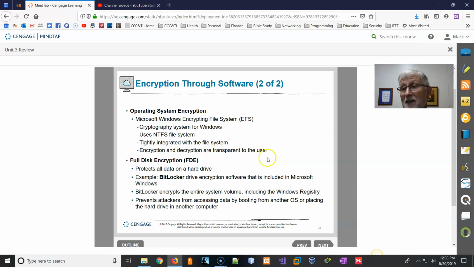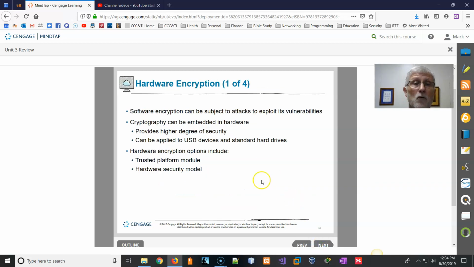Encryption and decryption are transparent to you as long as you're allowed to be on that machine. Then full disk encryption protects all the data on a hard drive. BitLocker can do this, and that's also included in Microsoft. It encrypts and decrypts an entire system volume, including the Windows registry. So you can protect yourself quite a lot.